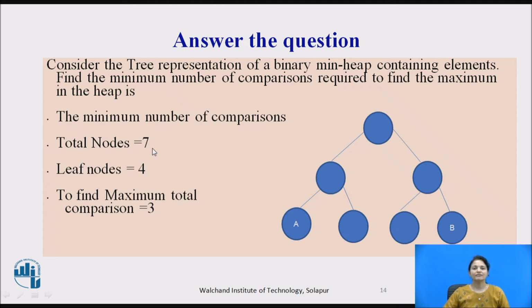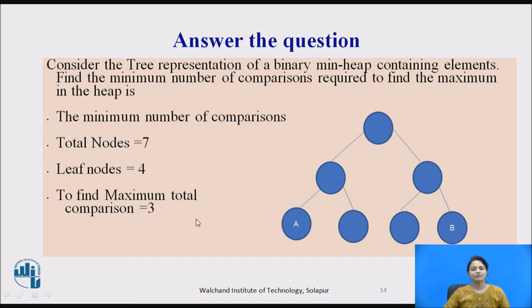Here we have a total of 7 nodes, so you will understand better. This is first, then we have 2 children, then they have their 2 children. Total nodes are 1, 2, 3, 4, 5, 6, 7. So leaf nodes are 4. Everything will come down to the leaf nodes in this heap.